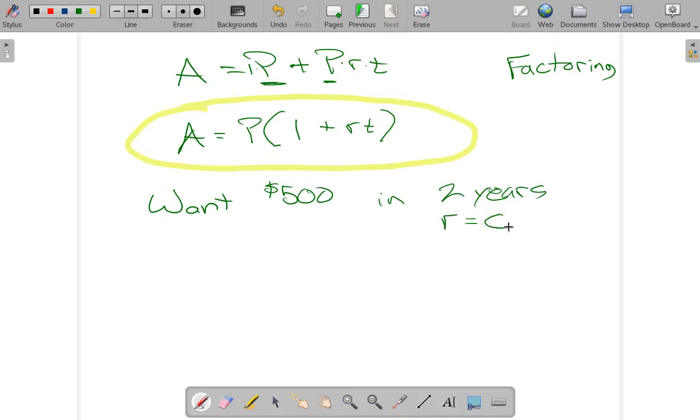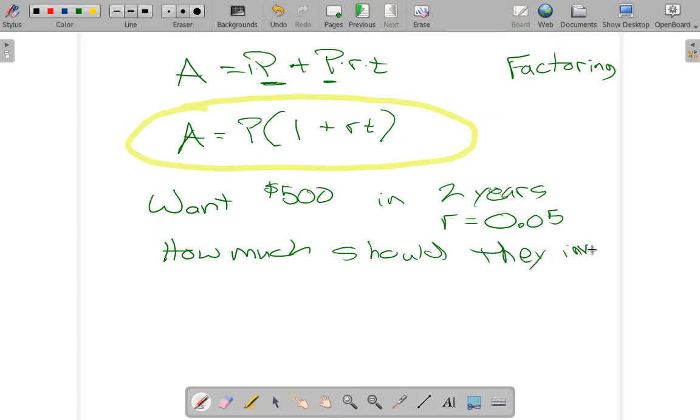Their R is 5%, which would be 0.05. We can then predict how much they should invest. So how much should they invest? And what they invest, that is our P, our starting point. So basically, how much should I invest says solve for P.